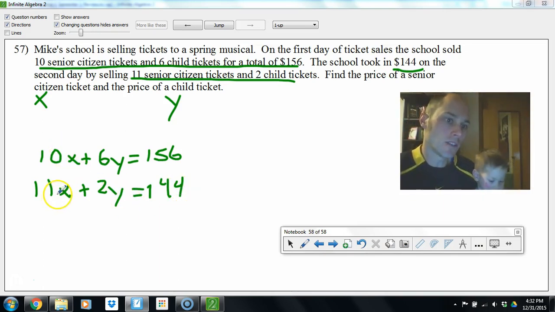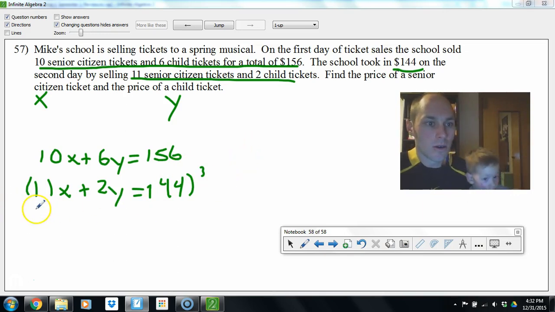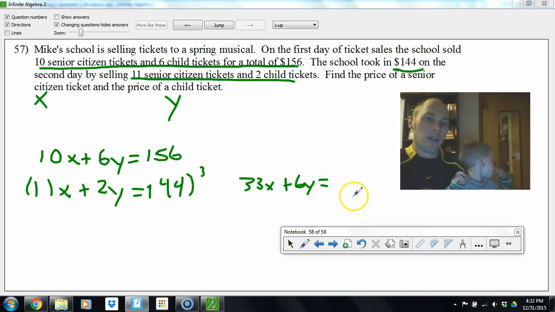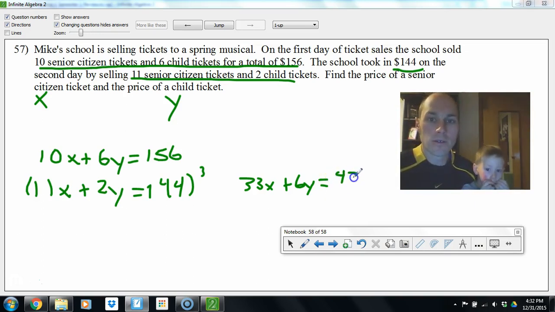I notice the x's and the y's are different, but if I multiply this one by 3, I'll have 6y. So I will have 33x plus 6y equal to 144 times 3, which is 432.